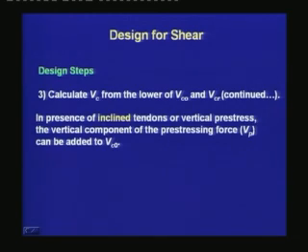In presence of inclined tendons or vertical pre-stress, the vertical component of the pre-stressing force, which is denoted as Vp, can be added to Vc0. Thus, the code allows us to take advantage of the curved profile of a tendon in a post-tension beam, because the vertical component of the pre-stressing force adds up to the shear resistance, and it can be added to the contribution from concrete.